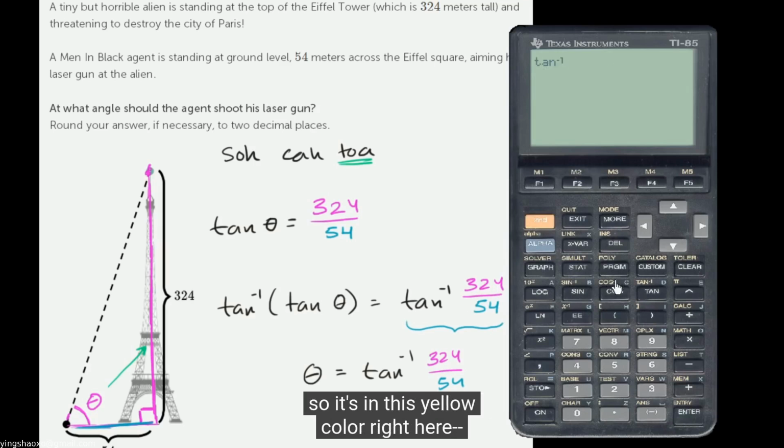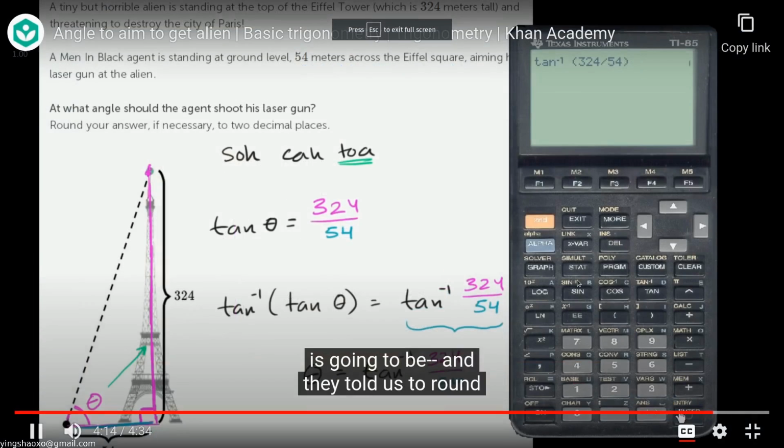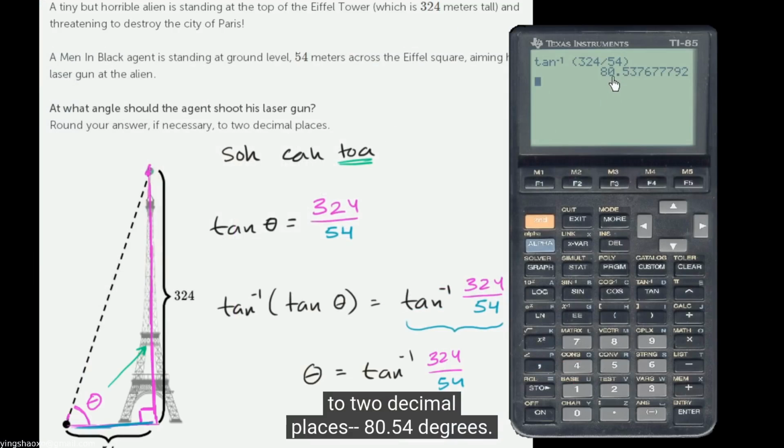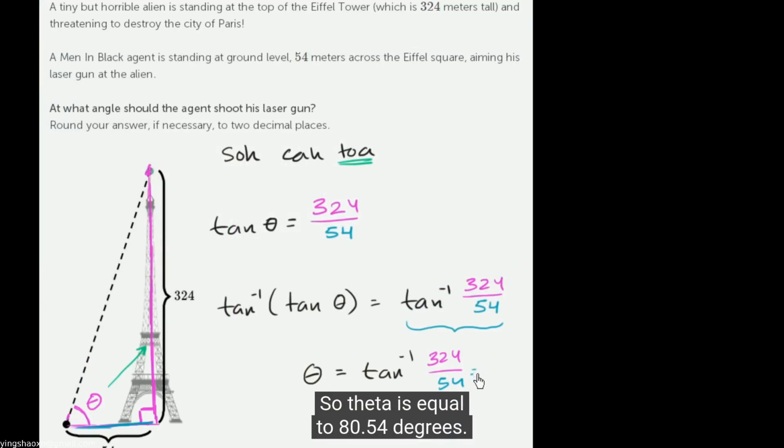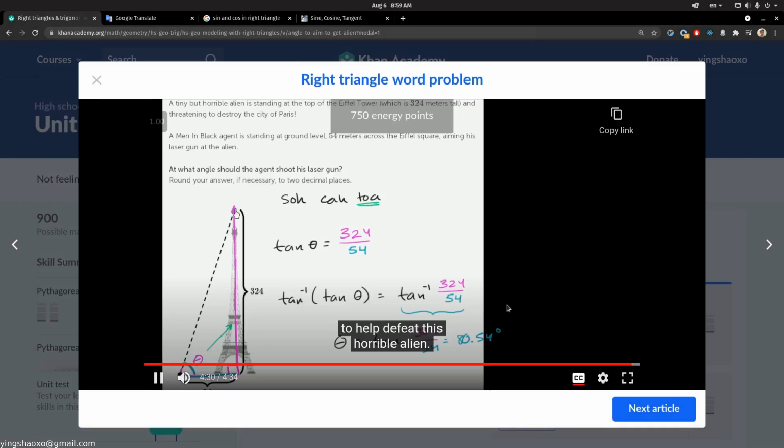It's in this yellow color right here. Inverse tangent of 324 divided by 54 is going to be 80, and they told us to round to 2 decimal places, 80.54 degrees. So theta is equal to 80.54 degrees. That's the angle at which you should shoot the gun to help defeat this horrible alien.